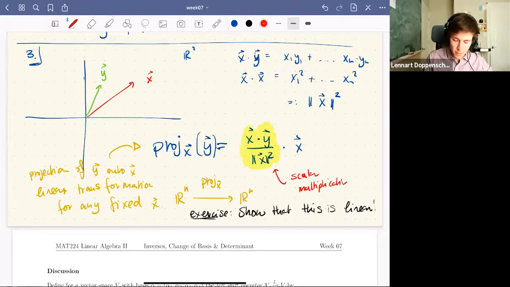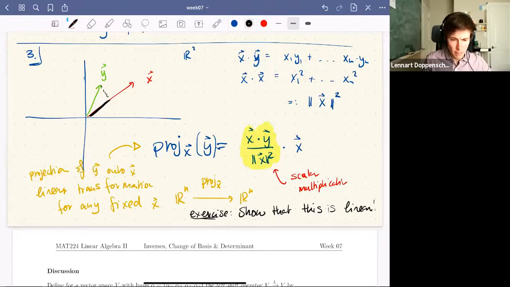The reason that this is interesting is because when you draw these vectors in R2 or Rn in general, the result is just going to be the shadow of a vector onto another vector.